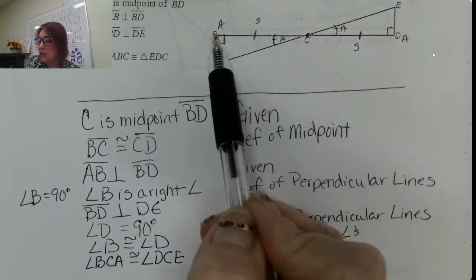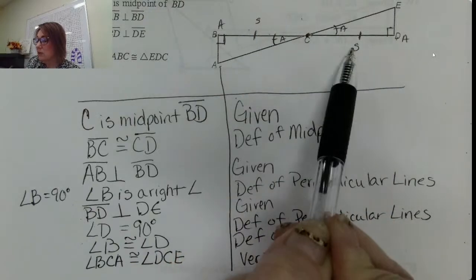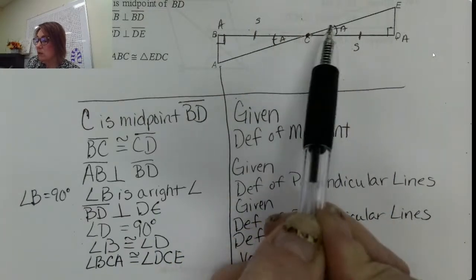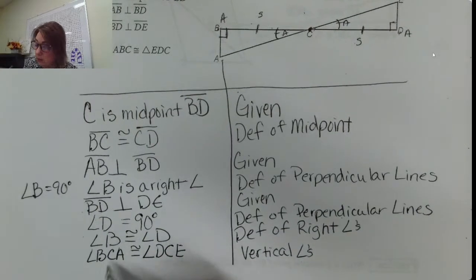Now that we know this angle is congruent to this angle, and this side is congruent to this side, and this angle is congruent to this angle, what do we know about these two triangles? We know they're congruent. So our last statement is that triangle congruence statement. We say triangle ABC is congruent to triangle EDC.